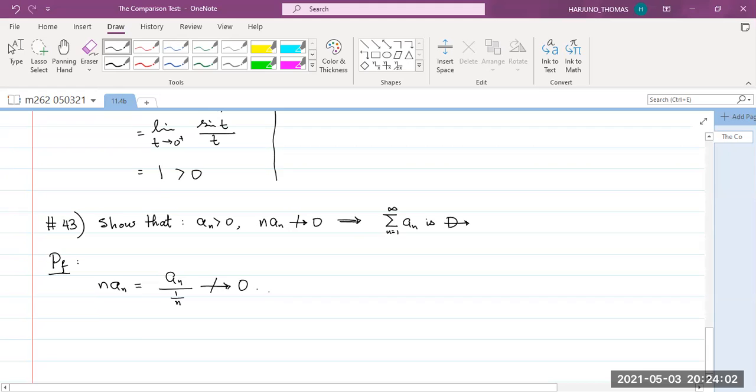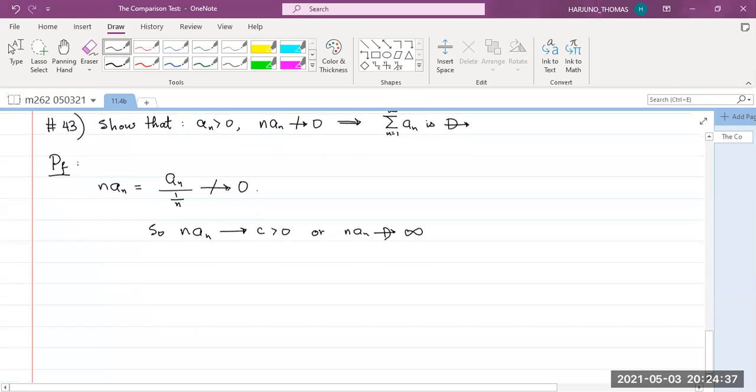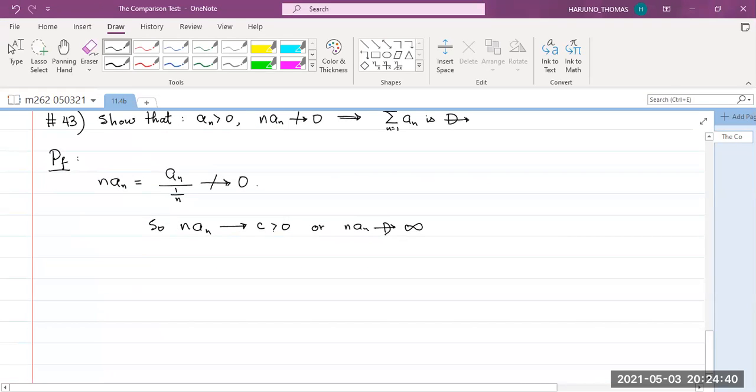So if it's not converging to zero, n a sub n is either converging to C positive, or n a sub n is divergent to infinity. Now what happens if this converges to C?